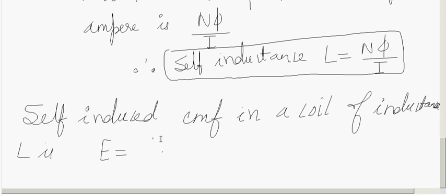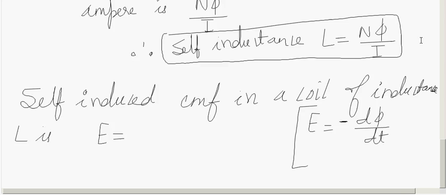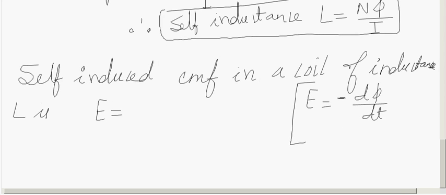I'll just show you the method here. We know E is minus d phi by dt. Now, we also know phi is Li, because L is phi by I. We don't take number of turns here. We'll just assume only one turn in a coil.